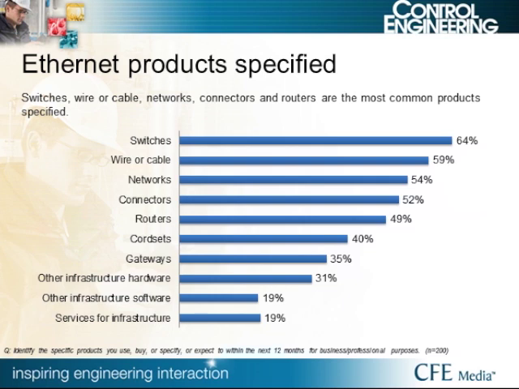Products most commonly used, purchased or specified or expected to be within 12 months among respondents were switches, wire or cable, networks, connectors, and routers. Other products include cord sets, gateways, Intranet structure and hardware, software, along with services.